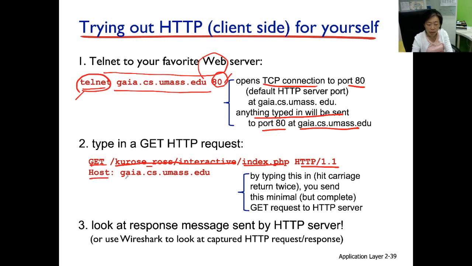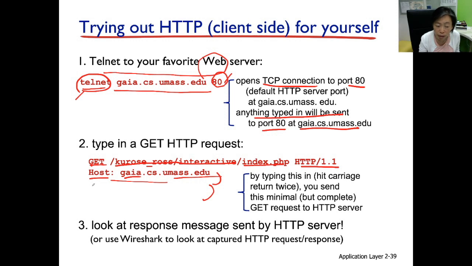And Host: gaia.cs.umass.edu. So that's a header line. Essentially we are acting as a human web browser, typing an HTTP request message right here. Once we are done with this, we hit return, and then we hit return again.